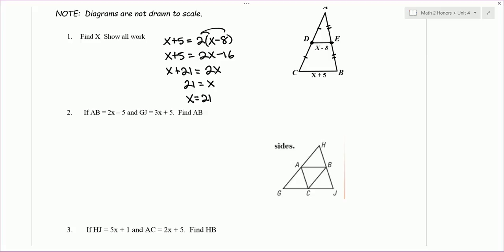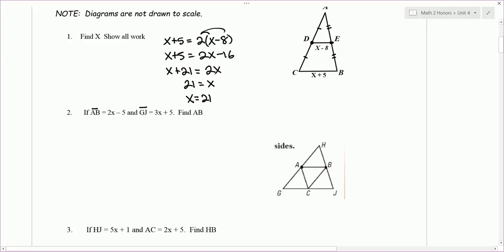Number 2, if AB is 2x minus 5 and GJ is 3x plus 5, find AB. So again here we're going to assume that AB is a midsegment.